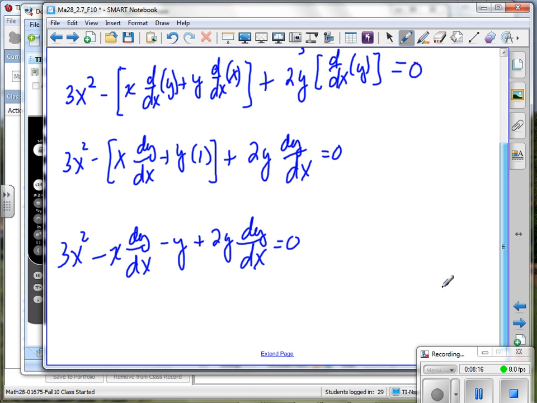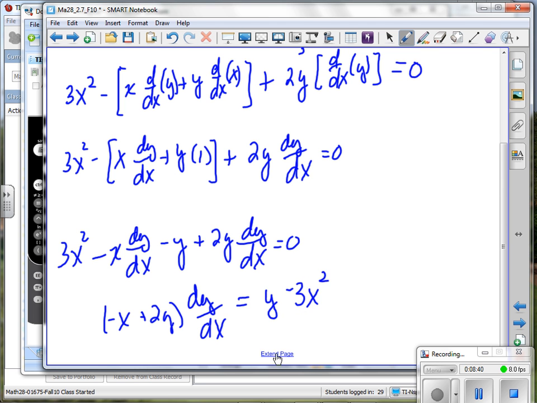Okay, can we now solve for dy dx? I've got 2 terms with it. So if I bring those together and factor out the dy dx, I would have negative x plus 2y, and take the other terms to the other side, y minus 3x squared.